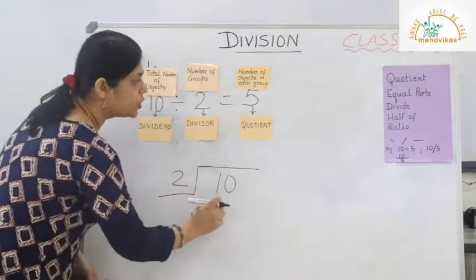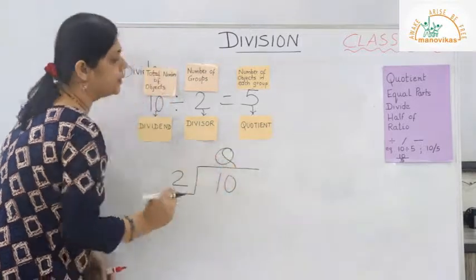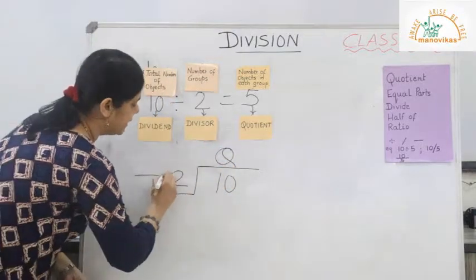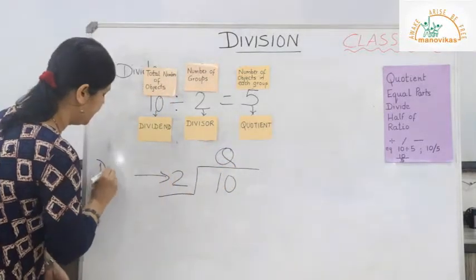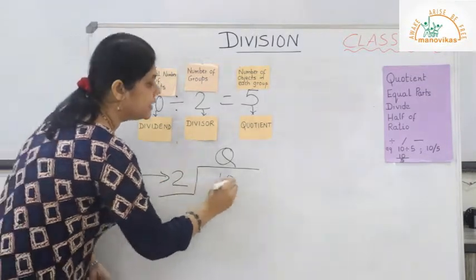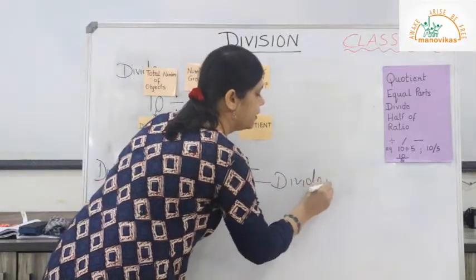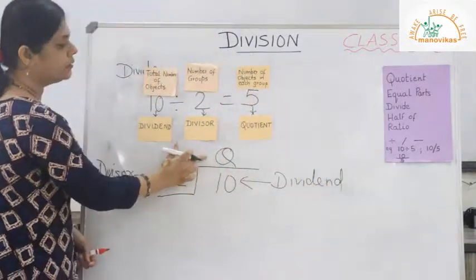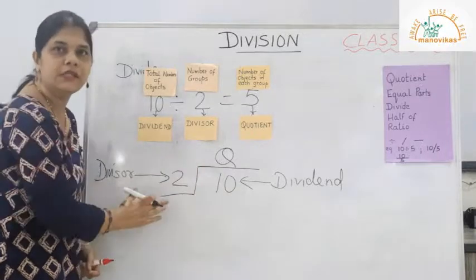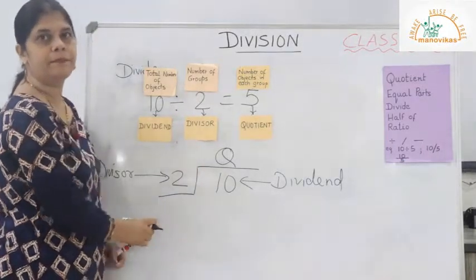Now the quotient or the answer that we get, we will write here on top. So this is the divisor, which has to be a smaller number. This is the dividend, and the quotient we write on top. So this is the way we write any given division sum.